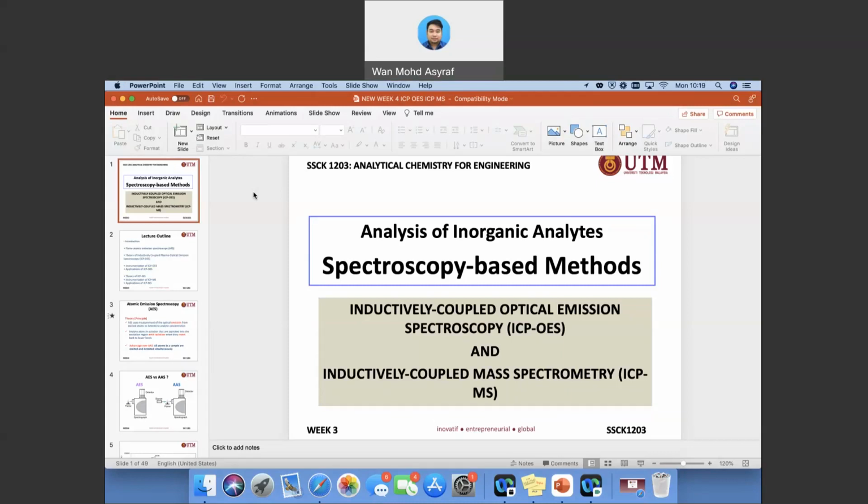Okay. All right, so basically that is atomic absorption. Now we are going to look at the emission.